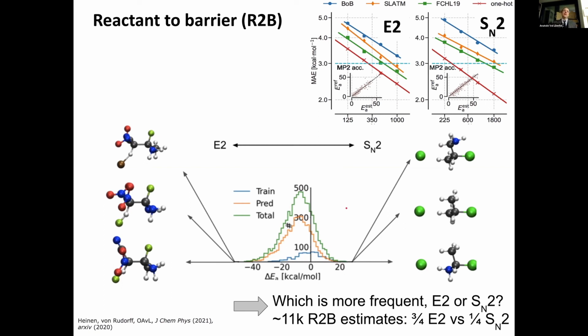This is defined such that on the right-hand side, the SN2 reaction is favored, has the lower activation energy. On the left-hand side, you would see the E2 favored. From that statistics, we must conclude the machine indicates that roughly 3/4 of the cases in the reactant chemical space would proceed towards E2 and only 1/4 towards SN2.